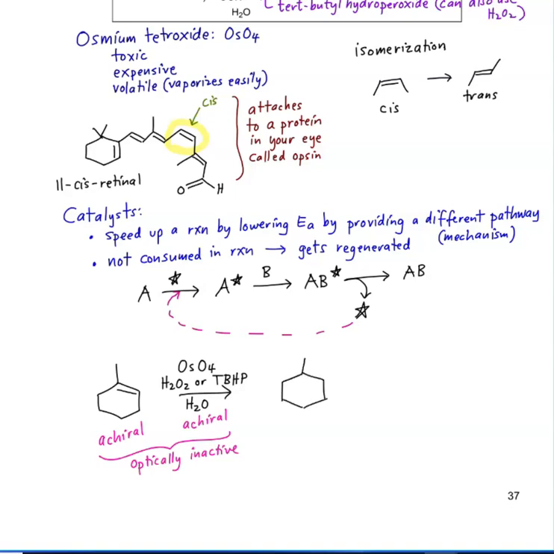This is a syn addition, so the two hydroxyl groups can attach to the front face, which will push the methyl back, or to the back face, pushing the methyl forward. Because there's no preference for the osmium reagent to attack at either face of the alkene, we get these in equal amounts. These are enantiomers, and they form as a racemic mixture.